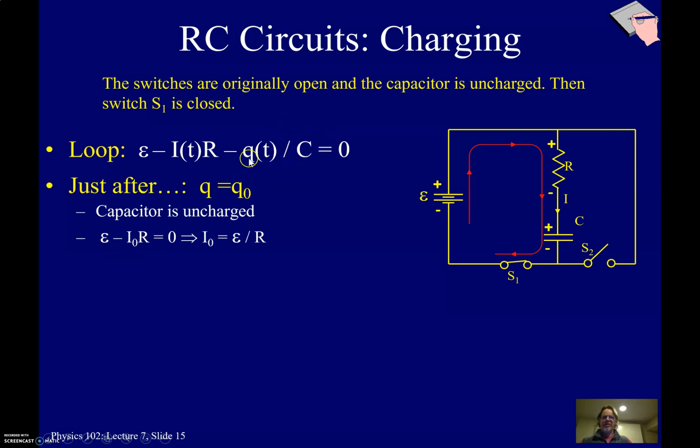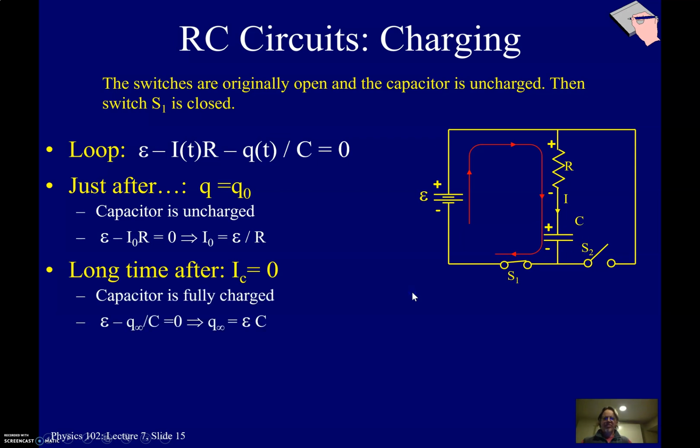That's just 0. So all we have left over is this right over here to find the current. But after a long time, there's no current that flows whatsoever, as this thing is fully charged. So this is actually a 0 flow through there over a long period of time.